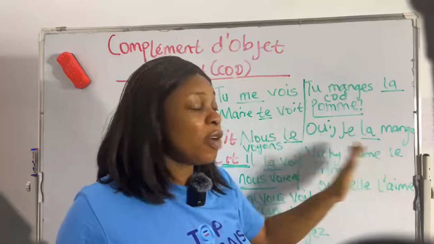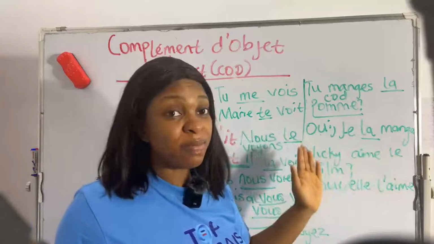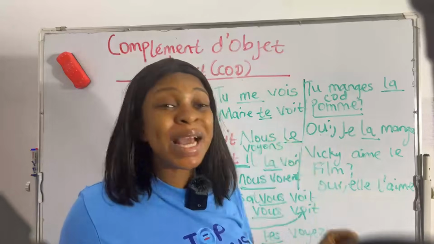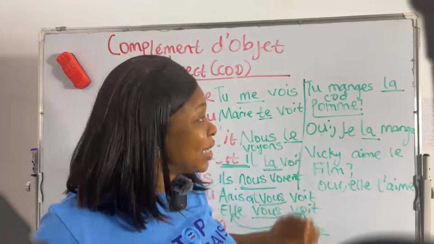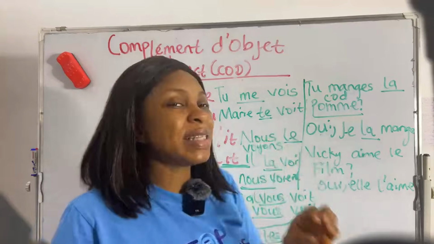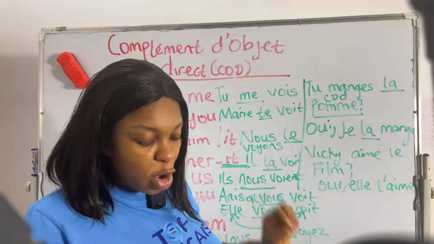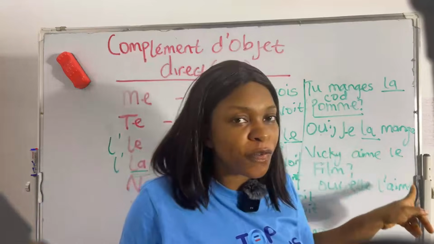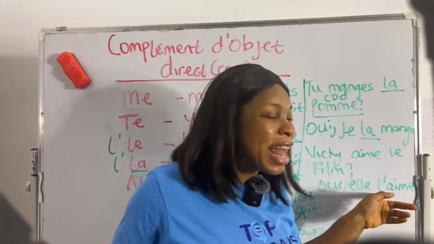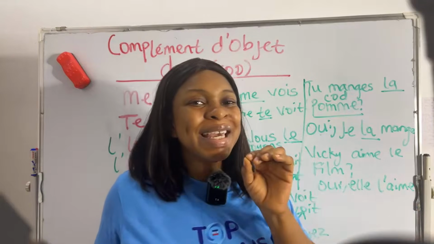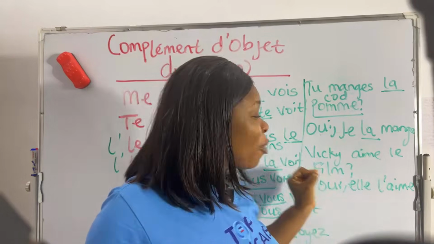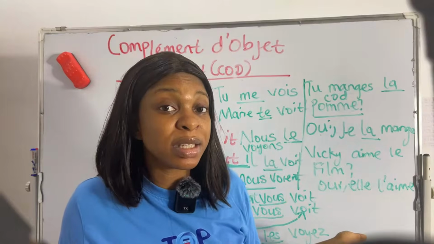Simple. Whether the word is masculine or feminine, it becomes L apostrophe before the verb. So this L apostrophe means it. So elle l'aime, she likes it.